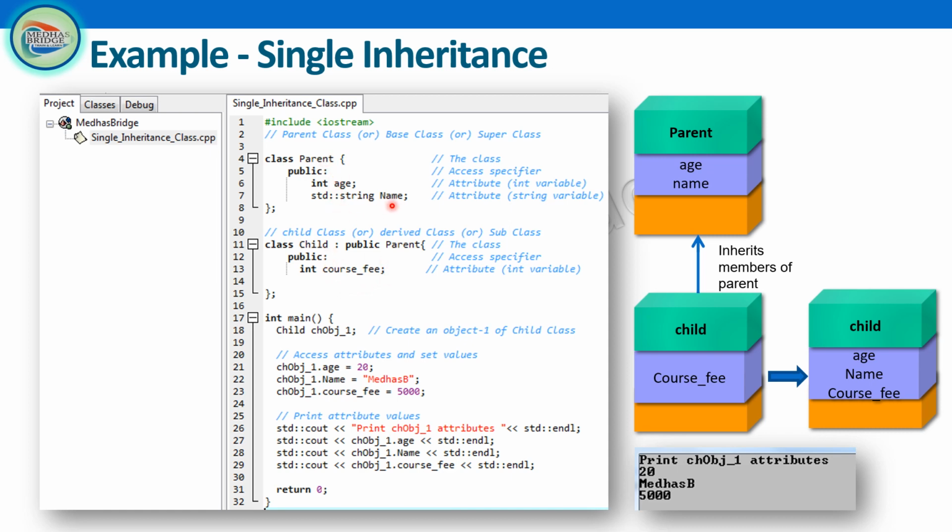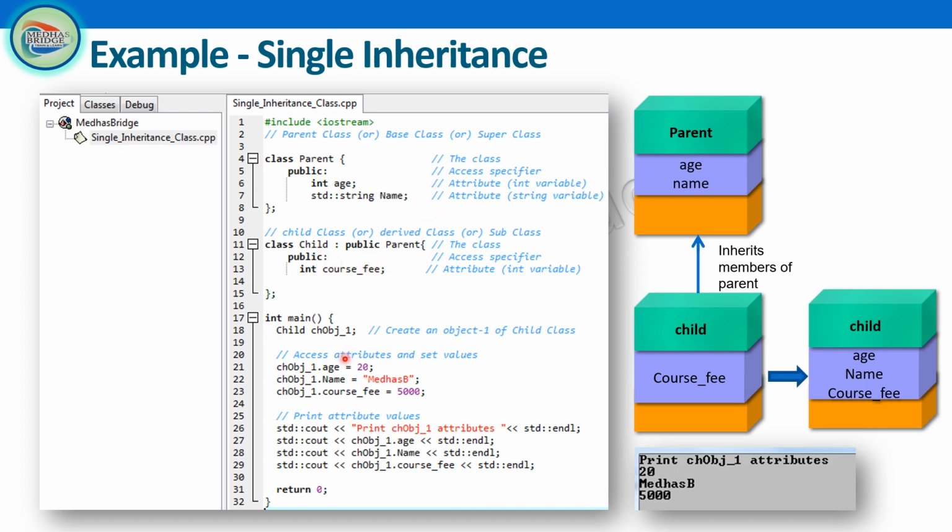In the parent class, we have two attributes. Through the single inheritance concept, the child class inherited some of the properties from the parent class, meaning the two attributes of the parent class are getting inherited into the child class.